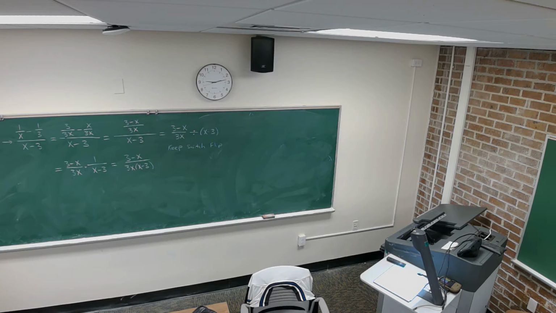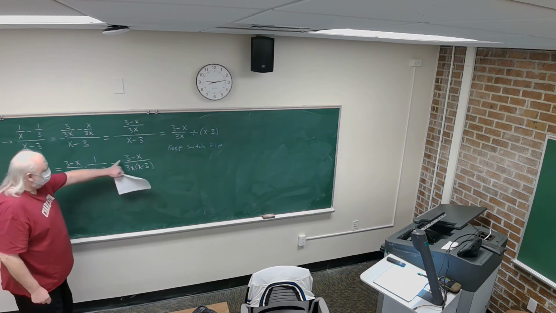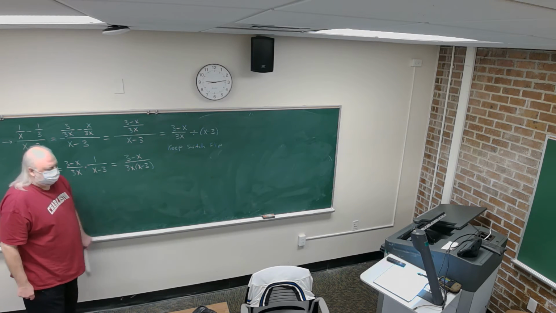And when I switch the order on the right-hand side, I have 3 minus x. So negative 1 times x minus 3 is equal to 3 minus x. And when I switch the left and right-hand sides, 3 minus x is equal to negative 1 times x minus 3. So I can replace 3 minus x with negative 1 times x minus 3.